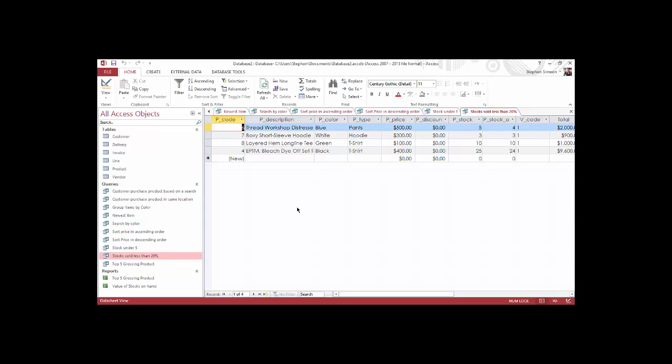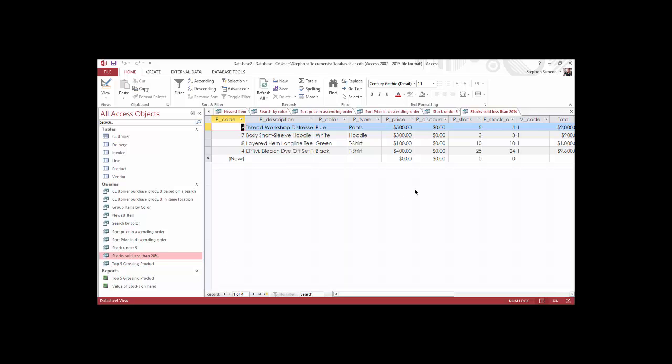Okay. So this one is important for the business as a whole, because sometimes you might have a product that's just not selling at all, and you'd like to know what the products are that sold less than 20% of their stock.